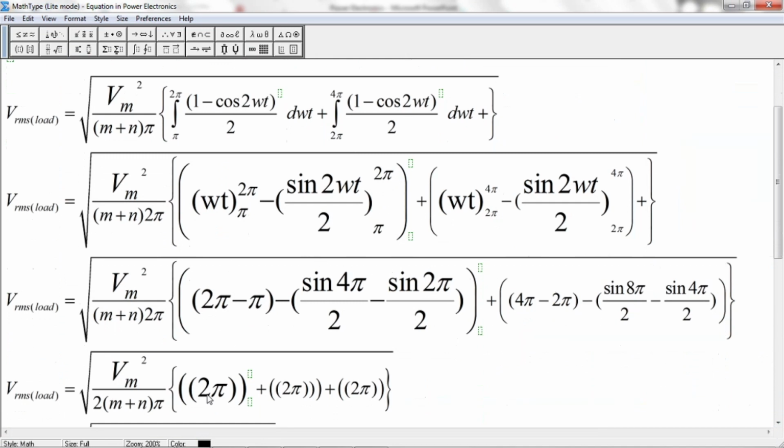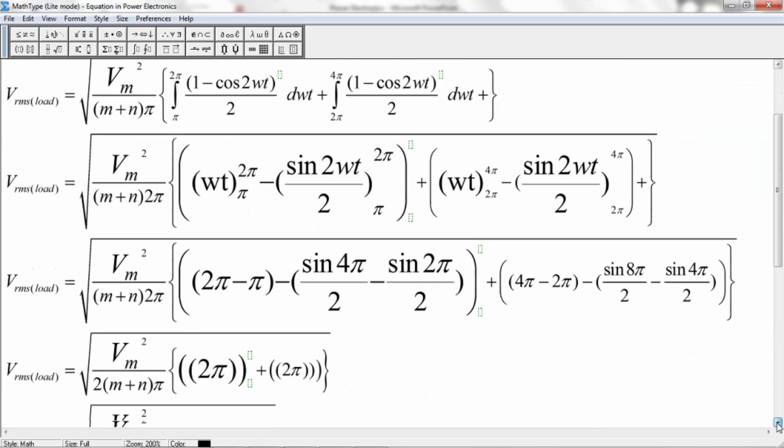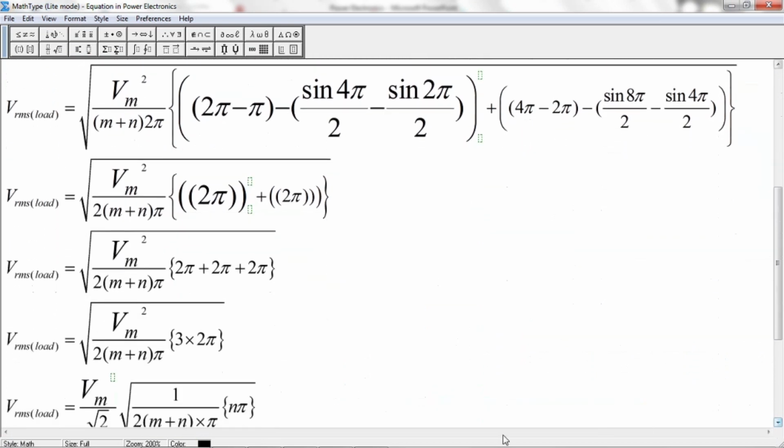So here we got 2 pi, here also we got 2 pi. If you have only 2 cycles, twice we get 2 pi. So if I have n cycles, how many times will I get 2 pi?